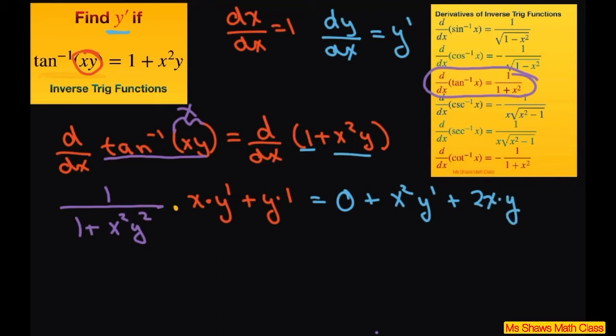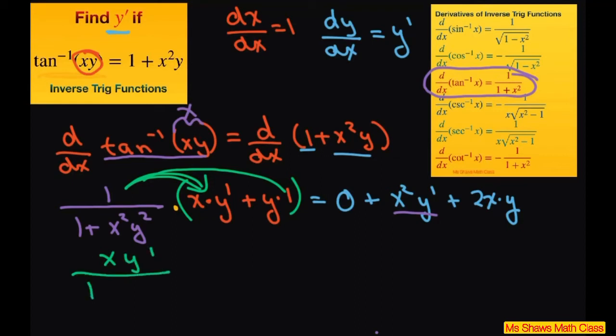All right, now the next step is we're going to go ahead and group our y primes together and put them on one side of the equation. The first thing we have to do is distribute this. So I'm going to put my y primes on the left-hand side. If I multiply this, this is going to be x y prime divided by 1 plus x squared y squared.